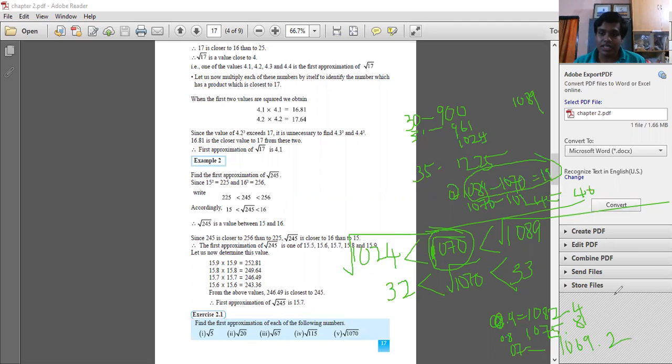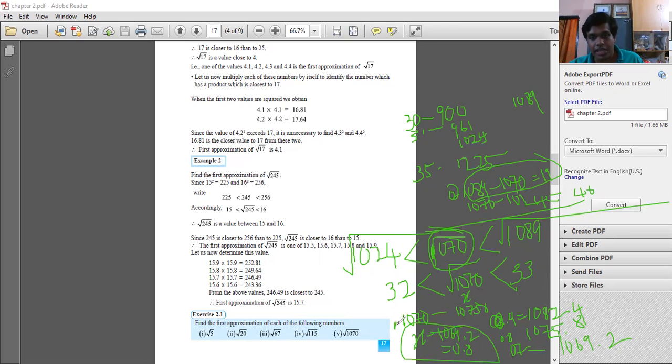I take 1070 minus 1069.2, which gives a difference of 0.8, while 1075.8 minus 1070 gives a larger difference.